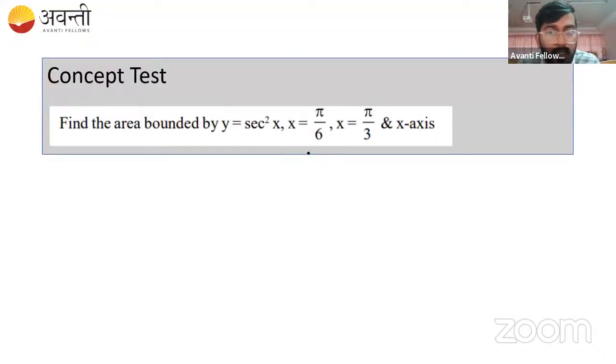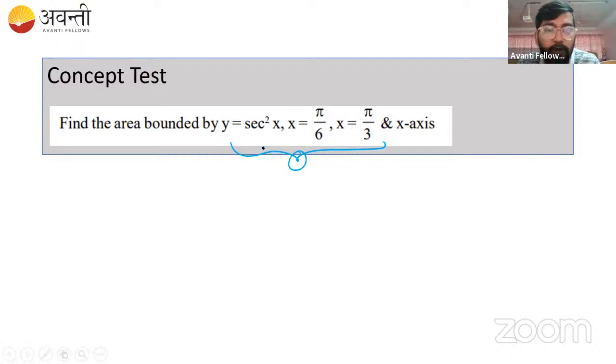Now, find the area bounded by the curve y equals sec squared x, x equals pi by 6, x equals pi by 3, and the x-axis. I want you guys to try this for a minute. Come on, you can do this. This has become easier. Now, this is similar to the previous question.